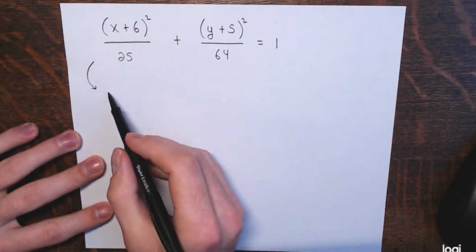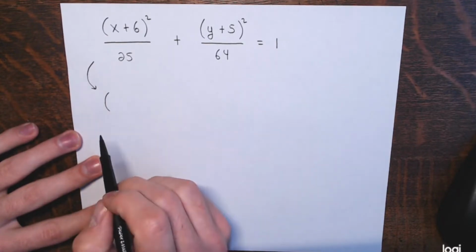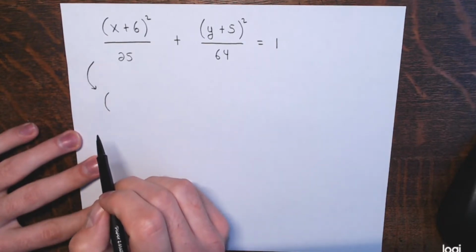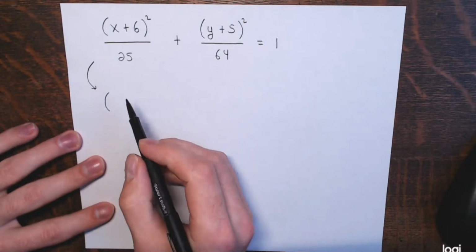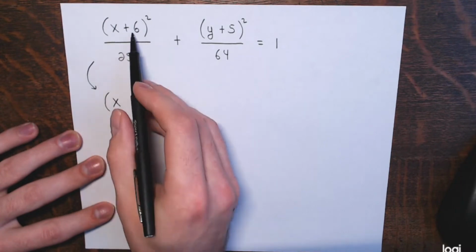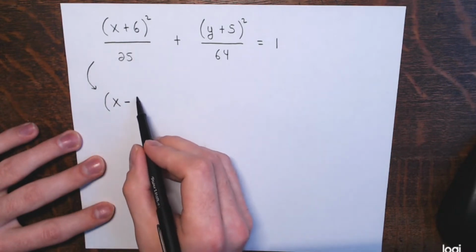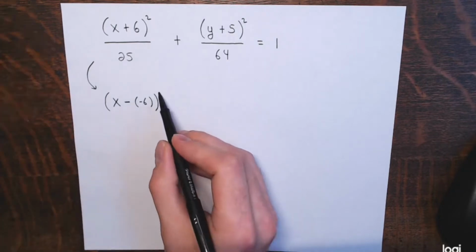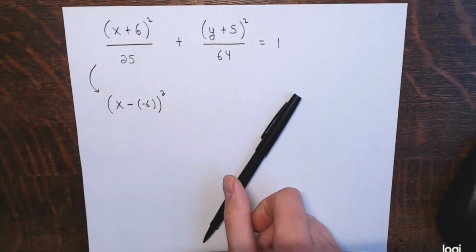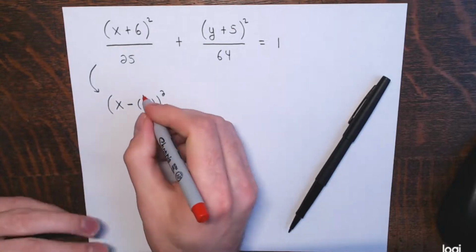But if I want to write it so I can identify h, k, a, and b, I'll do this. Well, x plus 6 is the same thing as x minus negative 6, squared. So negative 6 is the value of h.